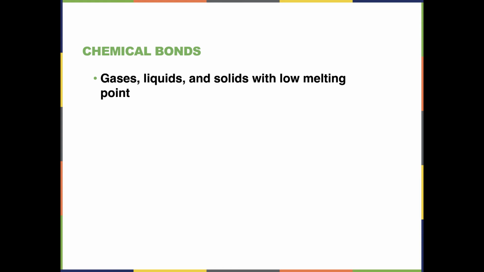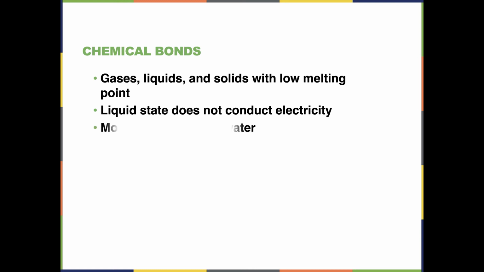When you have a covalent bonding situation, the substance that results is generally a gas, liquid, or solid that has a low melting point. In the liquid state, or gas state for that matter, it will not conduct electricity. It's generally insoluble in water.